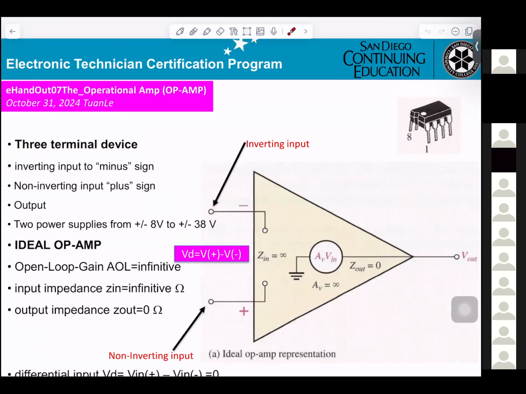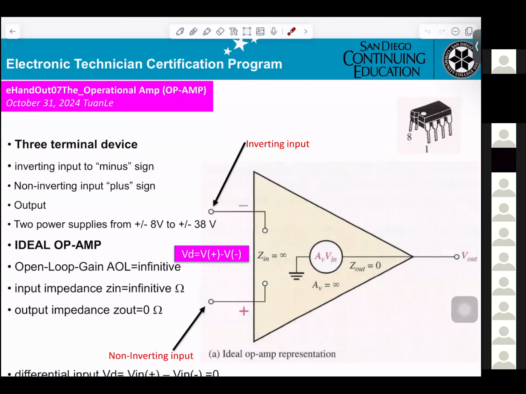The inverting input is the minus side, the non-inverting input is the positive side, and the output. The power supply is from plus minus 8 volt to plus minus 38 volt.